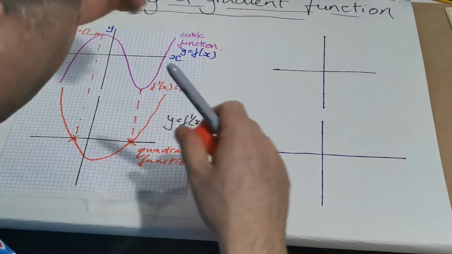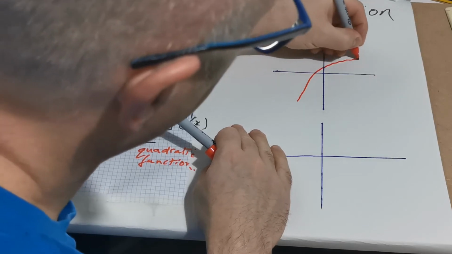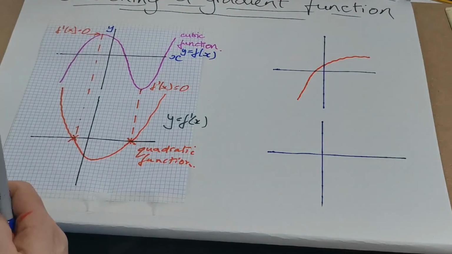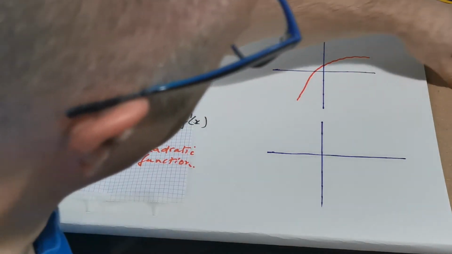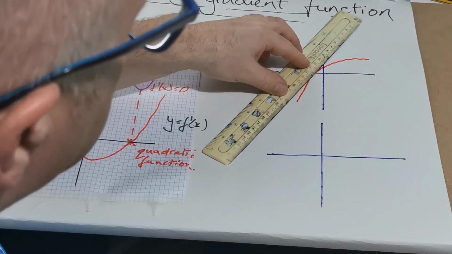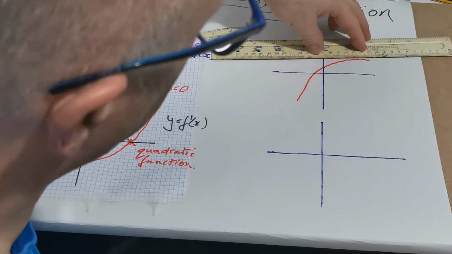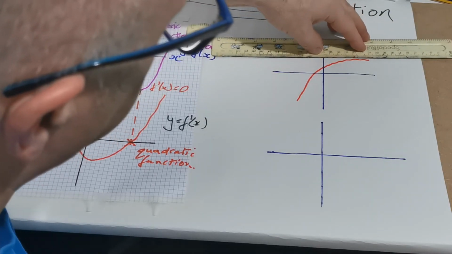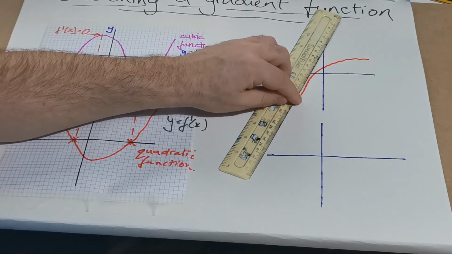So for example, what if I had a graph that came like that? All you have to do is look at the gradient. Right, so the gradient here is positive, positive, positive, and it's coming down towards 0. So this is where it's steepest, so the gradient is the highest there.